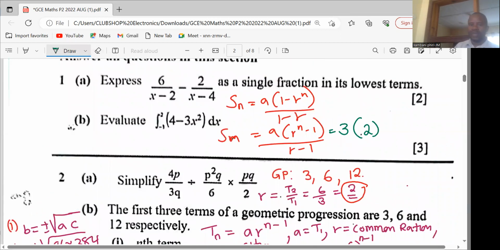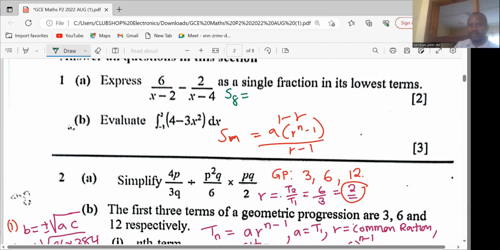So in short here, maybe let me just write it here. So we are dealing with S8 now. All right.